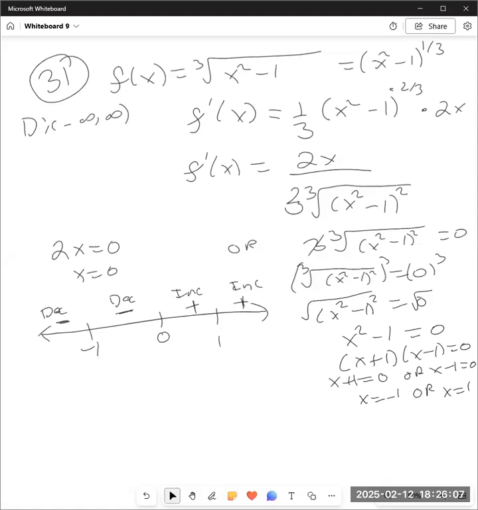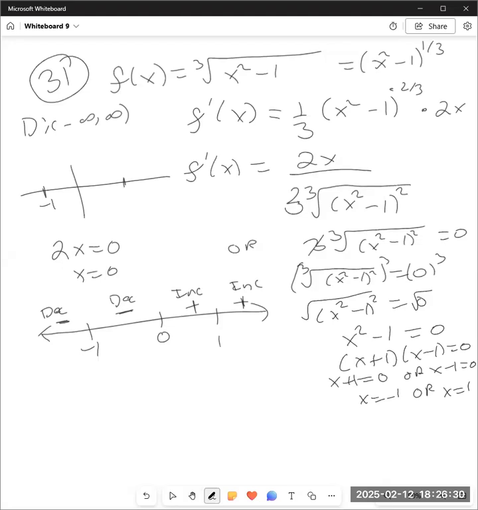And so at -1, I think it comes to a sharp point. It does something like this, -1, 1.